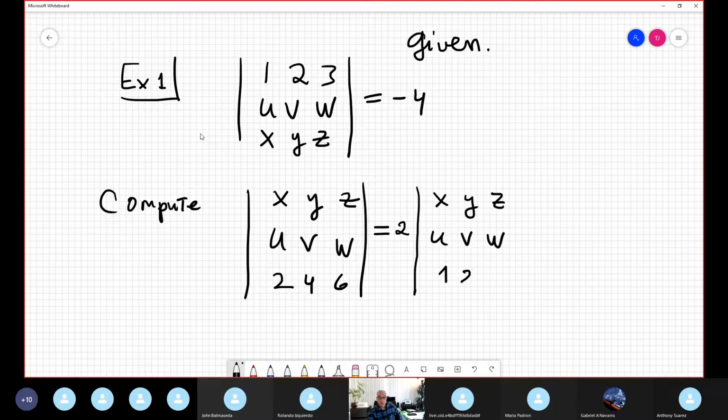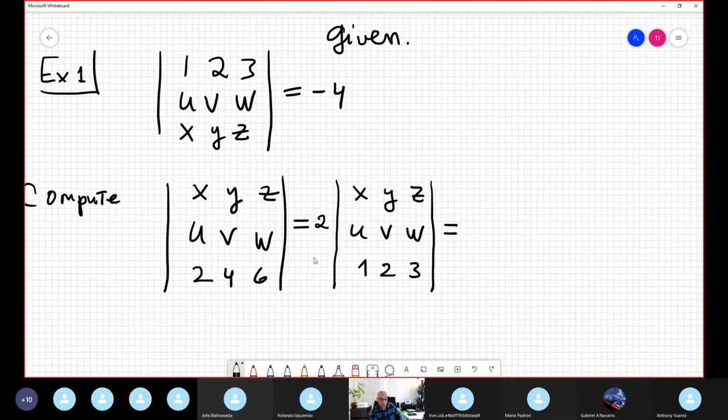2. 1, 2, 3. Wow, exactly. I need 1, 2, 3, 1, 2, 3, 1, 2, 3. This is similar to this, 1, 2, 3, U, V, W and X, Y, Z. To do another operation, another property, these look like equal to this. You interchange. You interchange what?